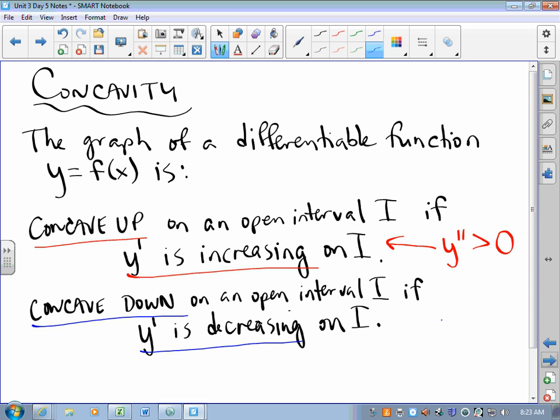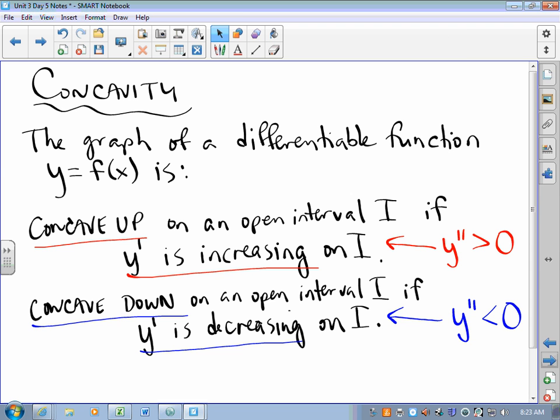And if y prime is decreasing, y double prime is negative. That drives home the definitions that you play with in a pre-calculus class that sort of plays a little bit with calculus. We just say, for convenience sake, second derivative is positive, second derivative is negative. But in reality, you're concave up if your derivative is increasing. I'll show you what I mean.